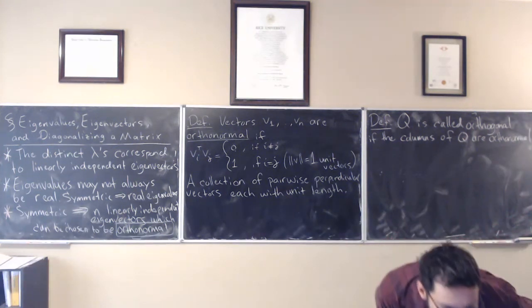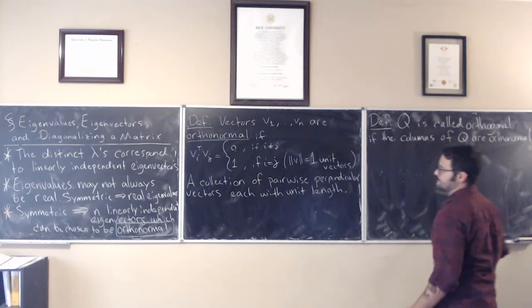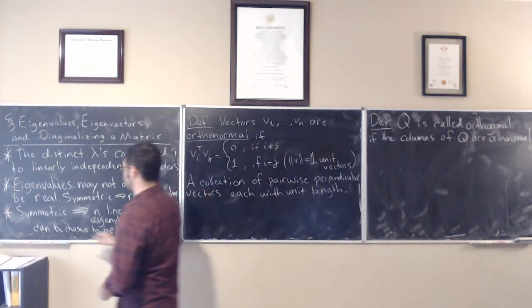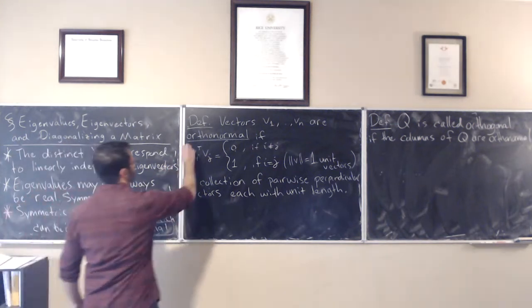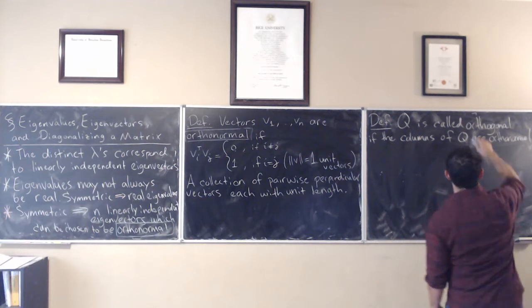We have two major definitions here: a collection of orthonormal vectors and then an orthogonal matrix.